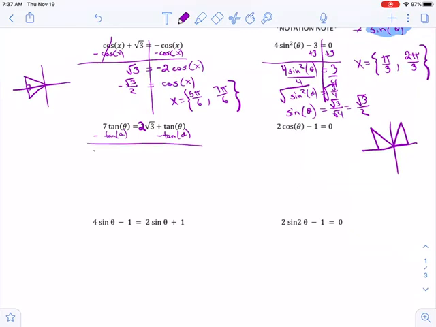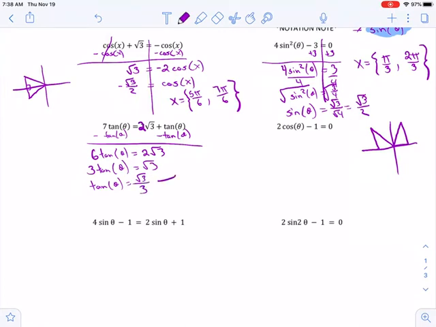Once I do this, I end up with 6 tan theta. Now I'm going to divide by 2 on both sides. Divide by 3 on both sides, so I have tangent of theta equals root 3/3.